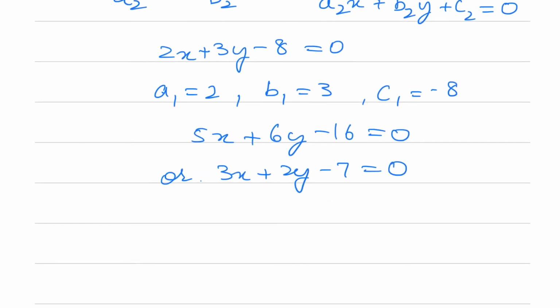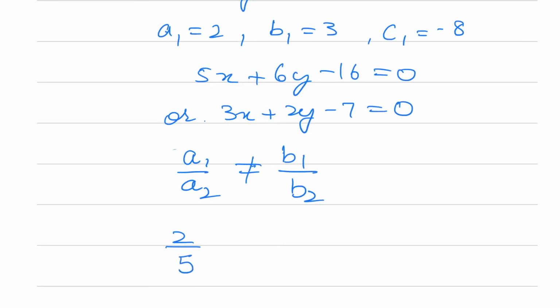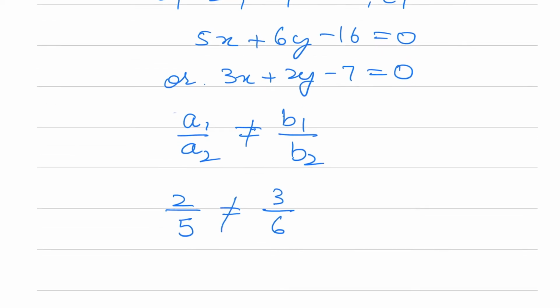So both equations are correct, right? Because a1 by a2 here is not equal to b1 by b2. 2 by 5 and 3 by 6. So this is not equal, or it is 2 by 3 is not equal to 3 by 2.